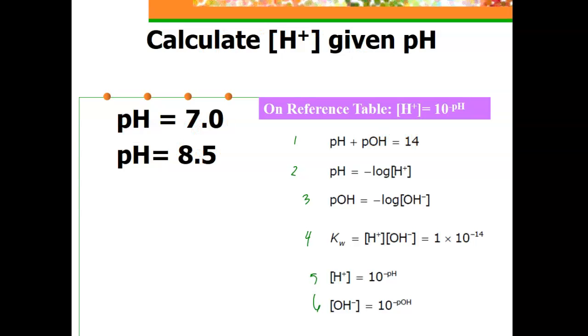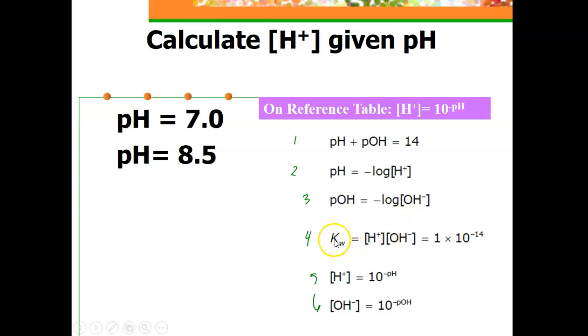All right, so now on your reference table, you have 6 formulas that will help you with acids or bases. So you have pH plus pOH equals 14, pH equals negative log hydrogen ion concentration, which we just did practice. Number 3 says pOH, that's your power of your hydroxide concentration, and it's negative log hydroxide concentration.